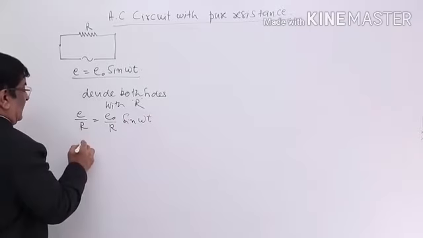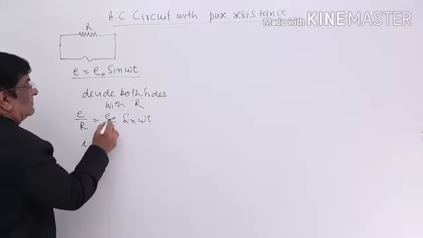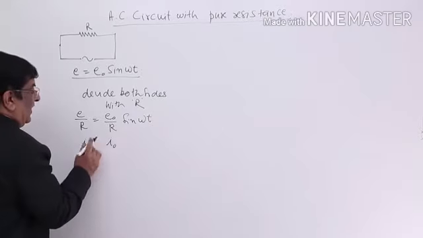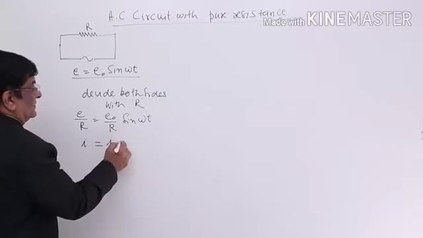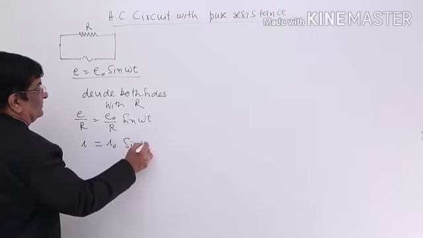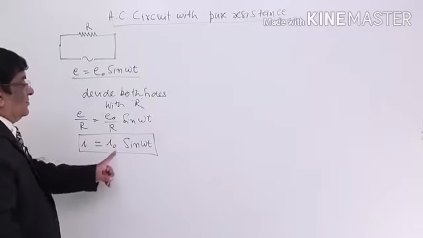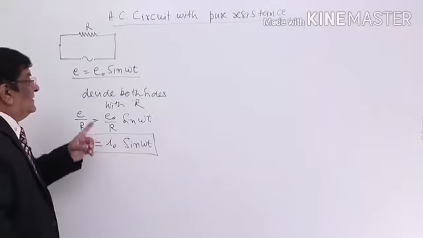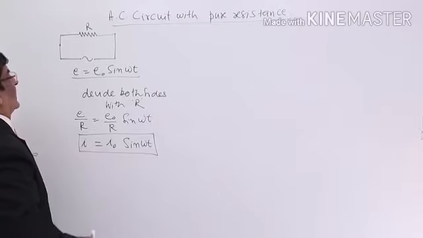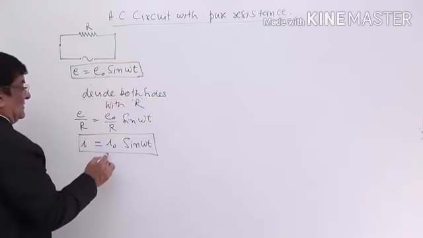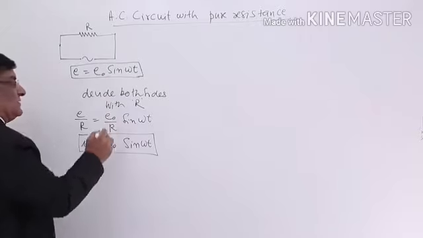E upon R is I, and the maximum value of E divided by R is the maximum value of I, that is I naught sine omega t. I is equal to I naught sine omega t. This is the equation of the electric current. This is the equation of the EMF in this circuit. This is the equation of the current in this circuit.